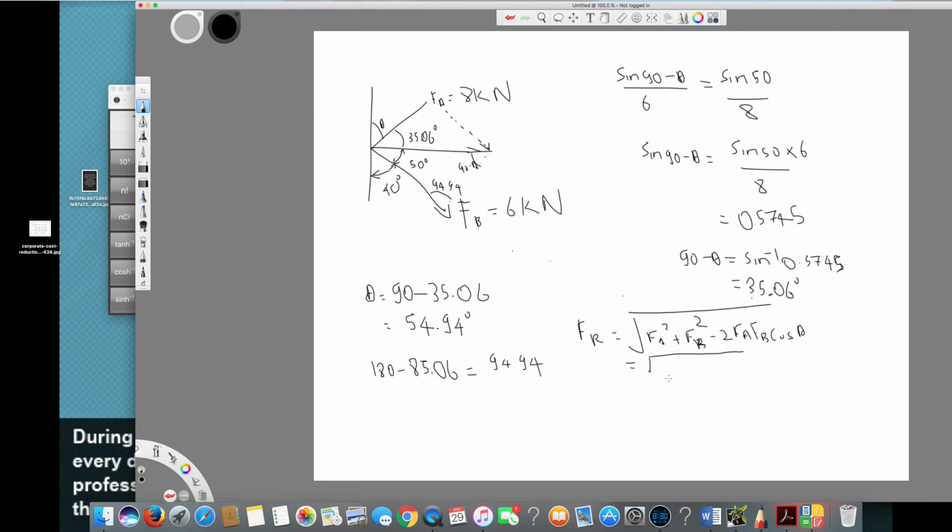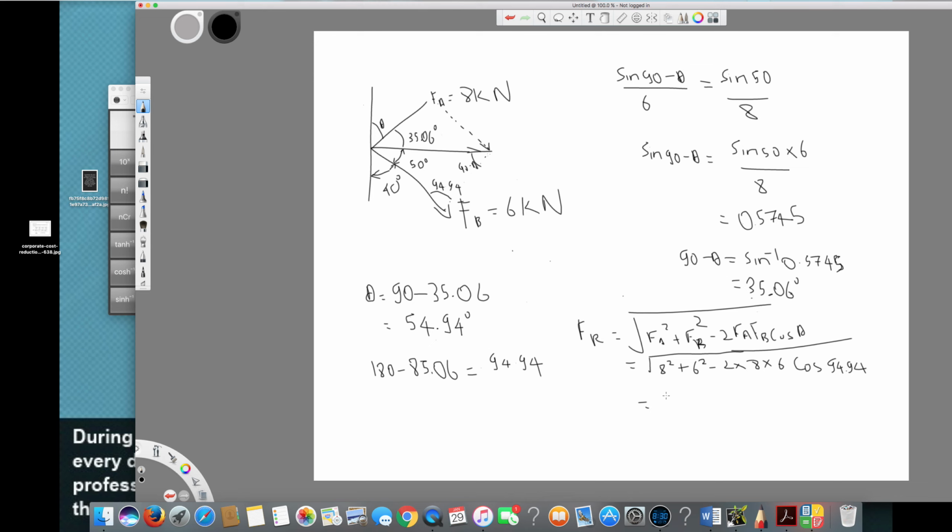FA is 8 squared, plus FB is 6 squared, minus 2 times 8 multiplied by 6, cos 94.94.